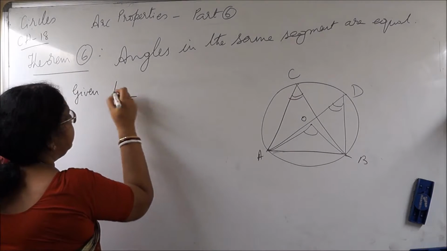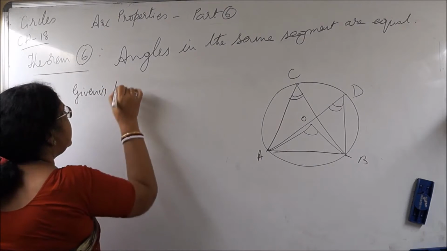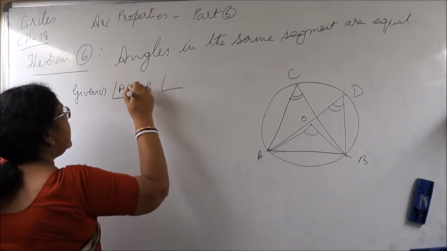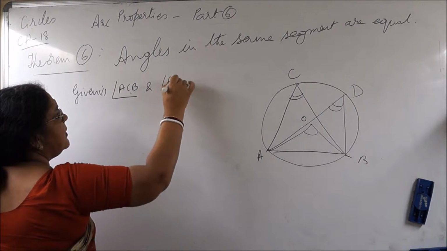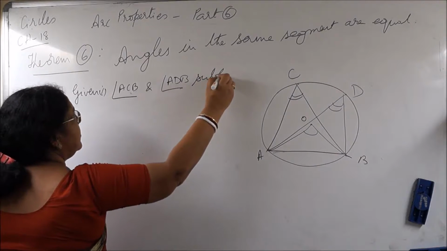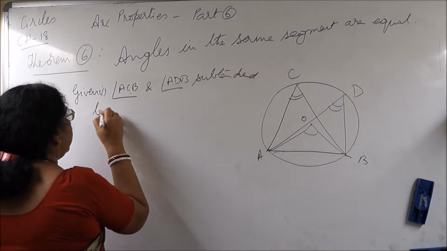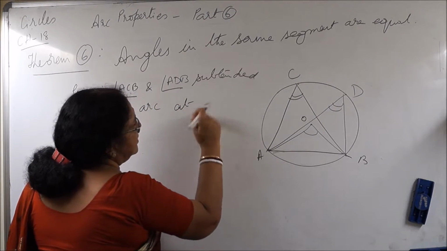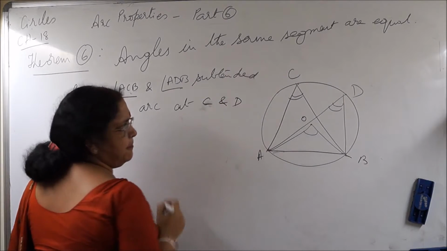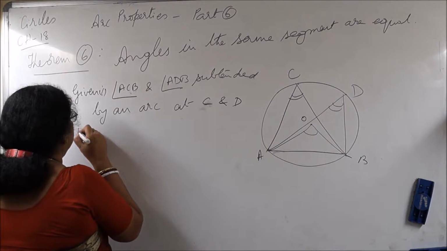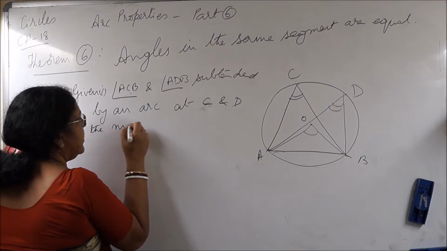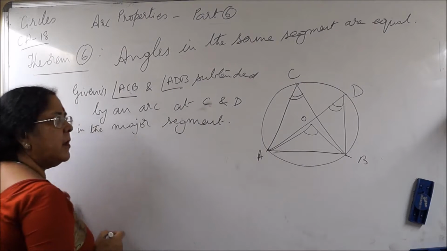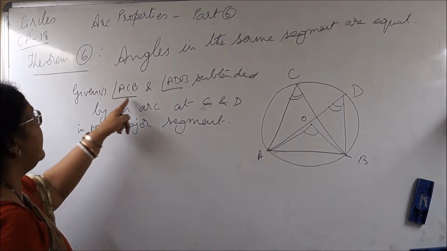Two angles are given to us, angle ACB and angle ADB, subtended by an arc at C and D in the major segment. Now we have to prove that these two are equal, angle ACB and angle ADB.